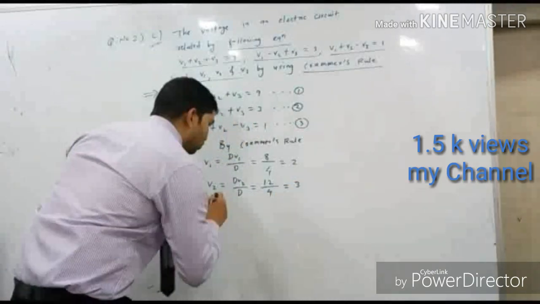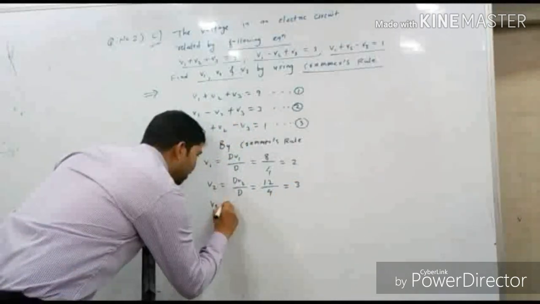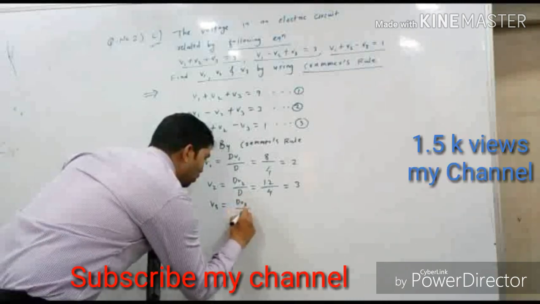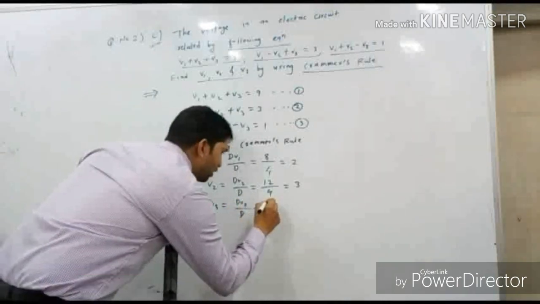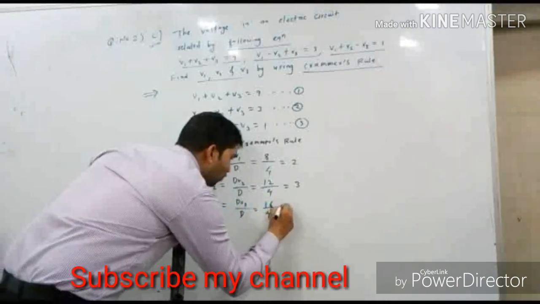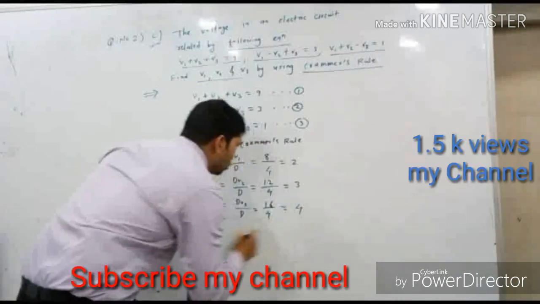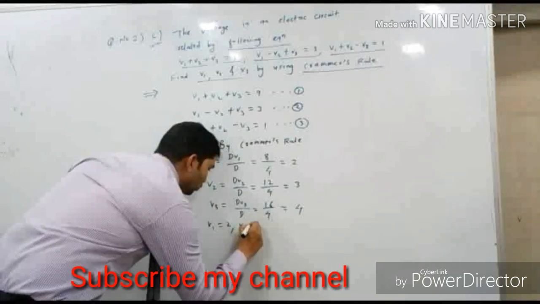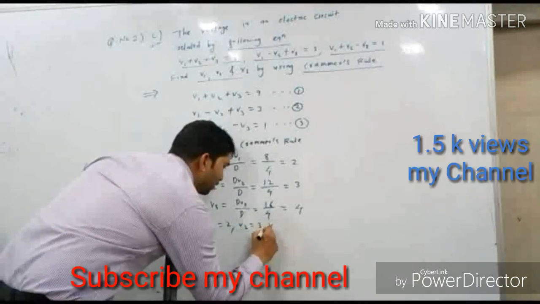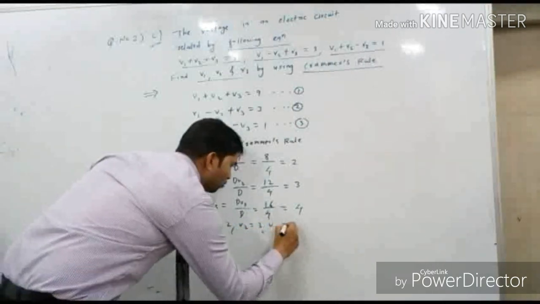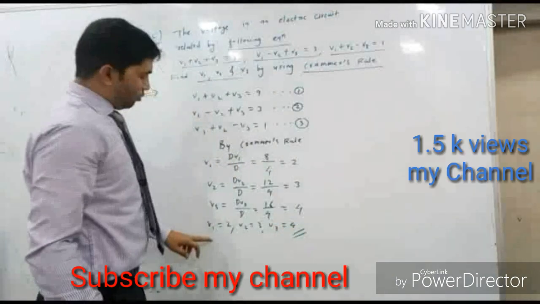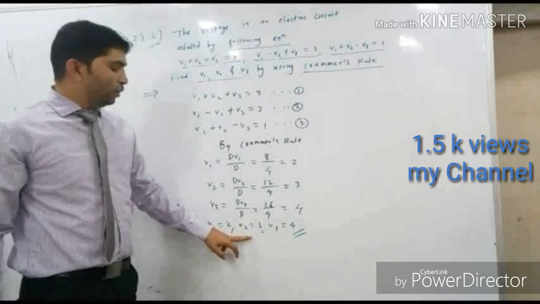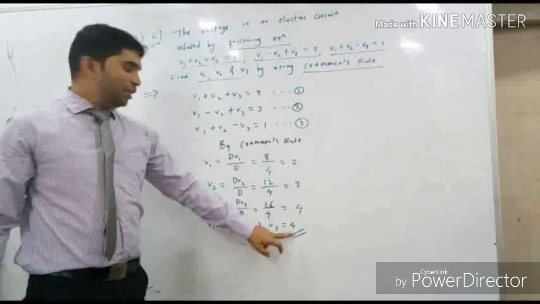That is 3. V2 is 3 and V3 is equal to dV3 upon D. That is dV3 is 16 upon 4. That is 4. So we get V1 is equal to 2, V2 is equal to 3 and V3 is equal to 4.